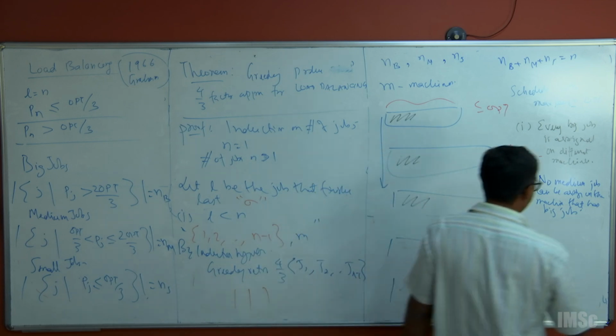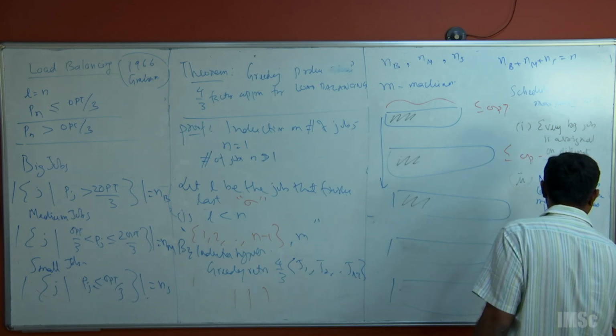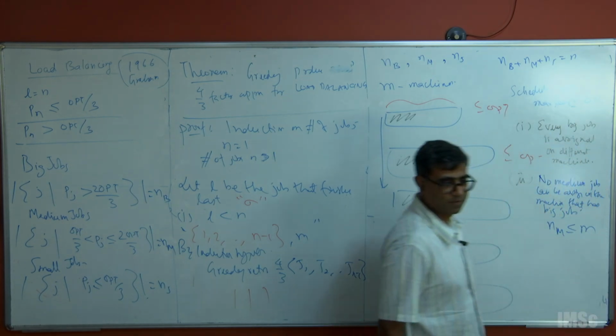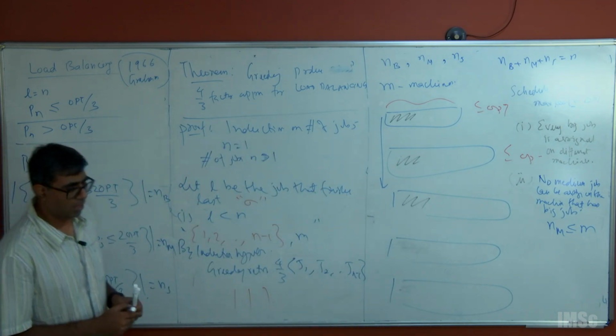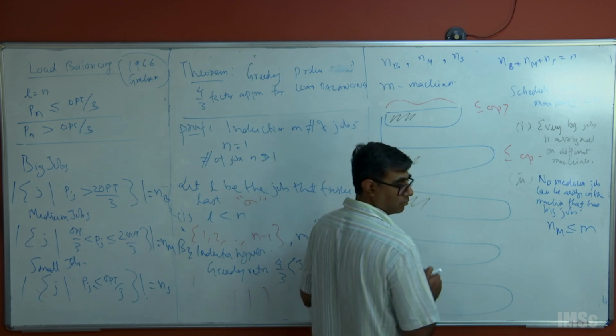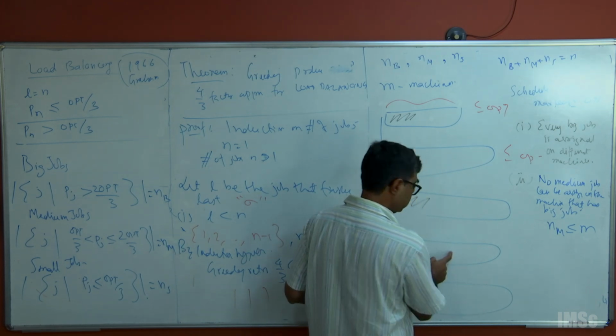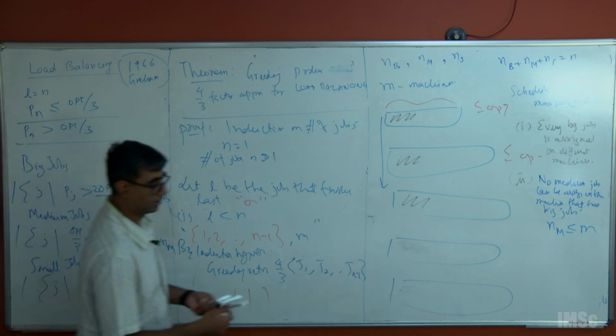So first of all, what did we know? Because of this, n big better be less than or equal to m, otherwise you are dead, right? Now tell me, how many medium jobs can you assign to a machine? At most two. Excellent.